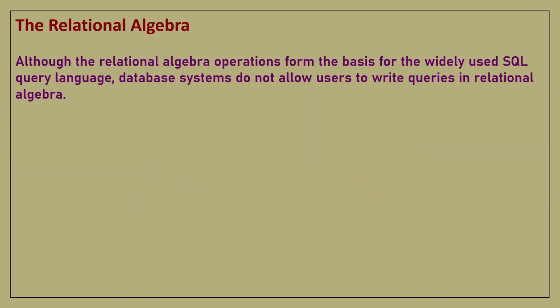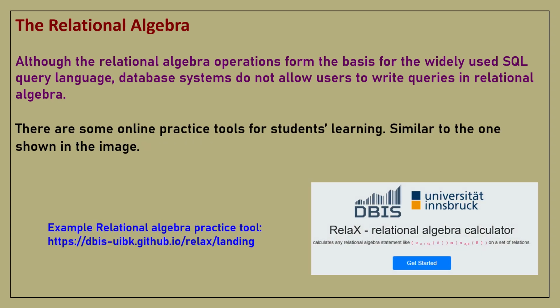Although the relational algebra operations form the basis for the widely used SQL query language, database systems do not allow users to write queries in relational algebra. There are some online practice tools for students learning, similar to the one shown in the image.